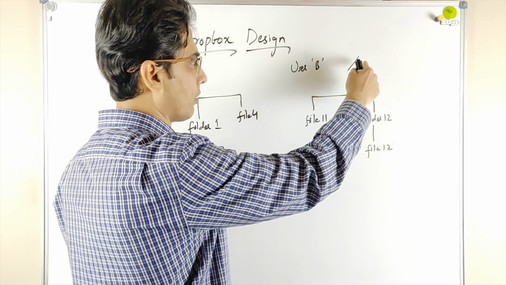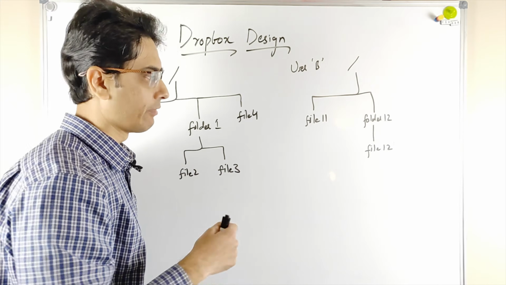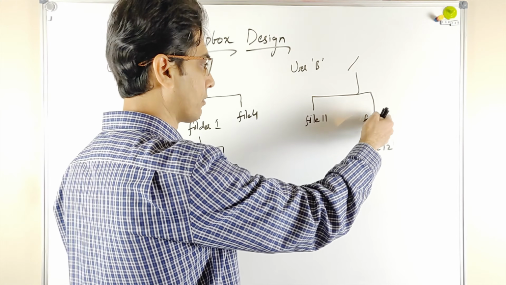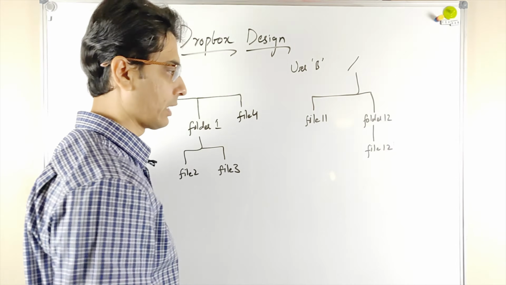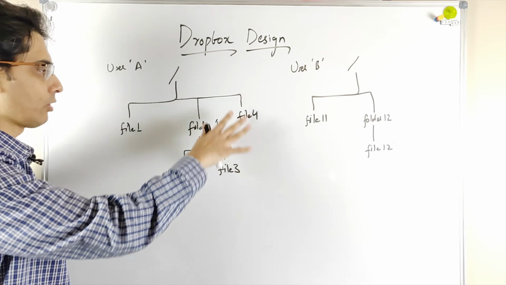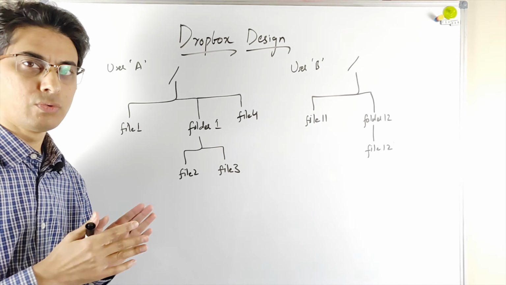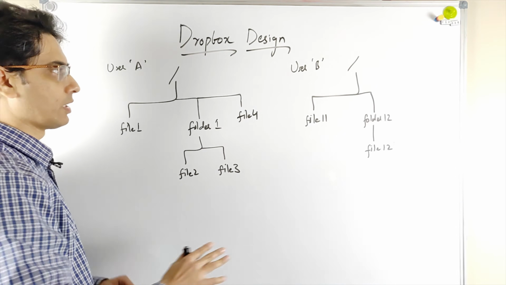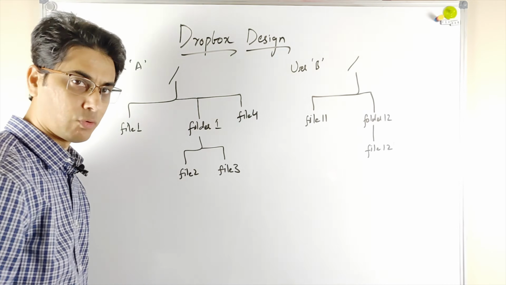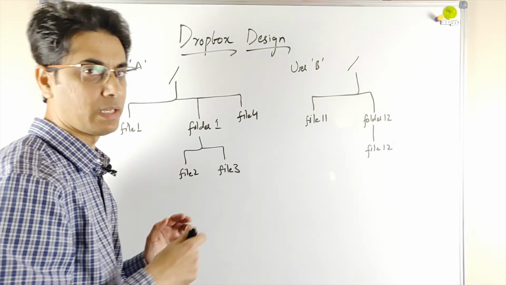The user B also has some file, let's say file 11, and then some folder 12, which has file 12 in it. Here, this collection of files and folders will be called the user A root or home namespace. Similarly, this collection of files and folders is called user B home namespace.